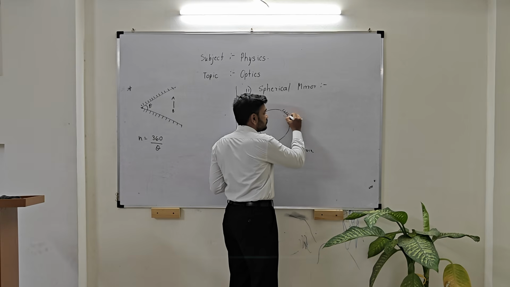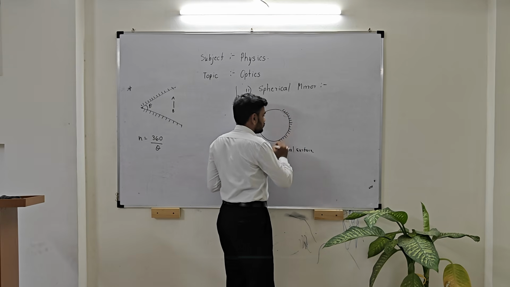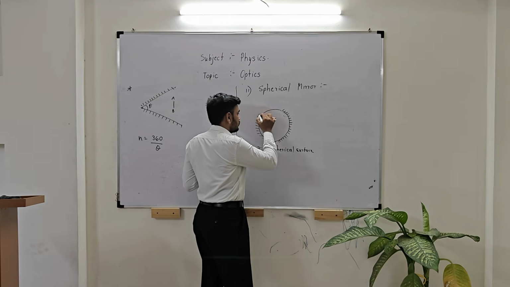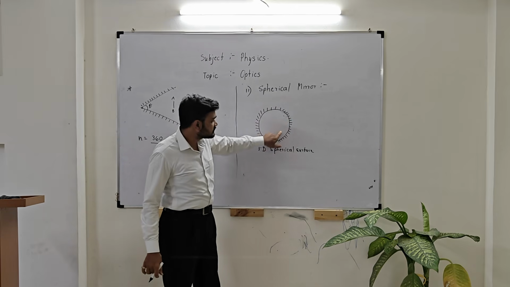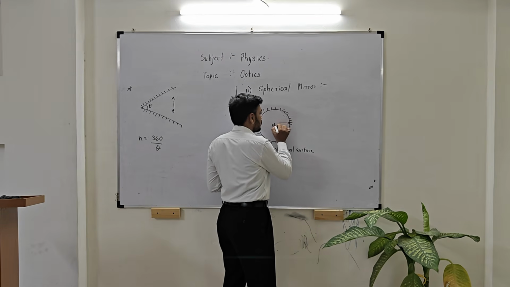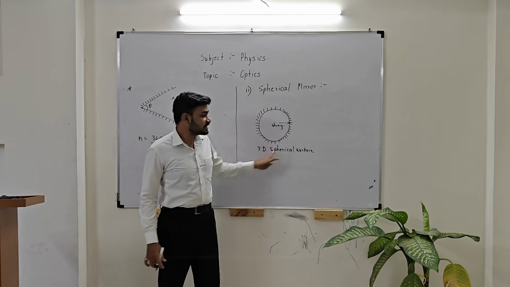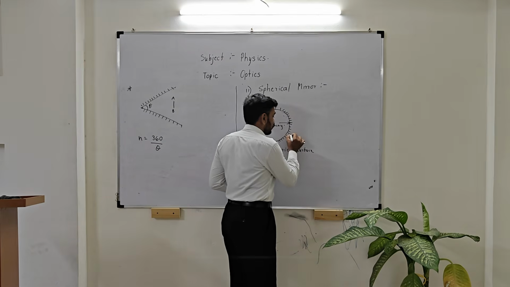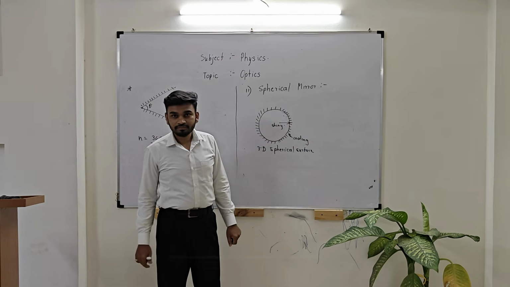This is the outer surface of the spherical mirror. I will coat the outer surface with some material like this, and the inner surface of this sphere will remain shiny. So in this way I arrange a 3D spherical surface in which the outer surface is coated, this is the coating, and the inner surface is shiny.